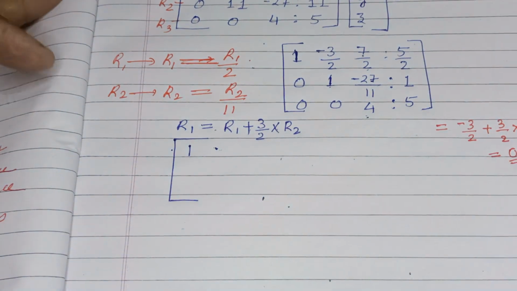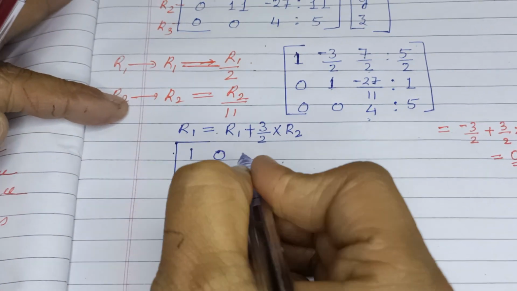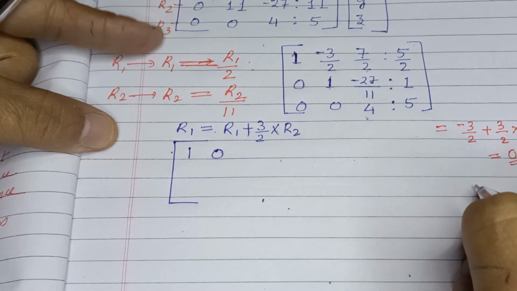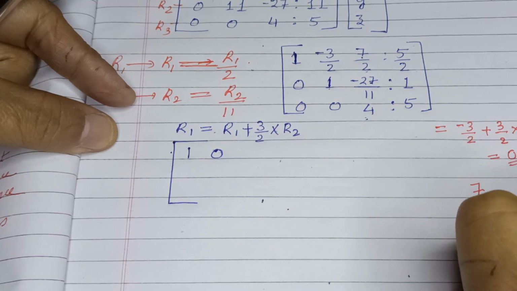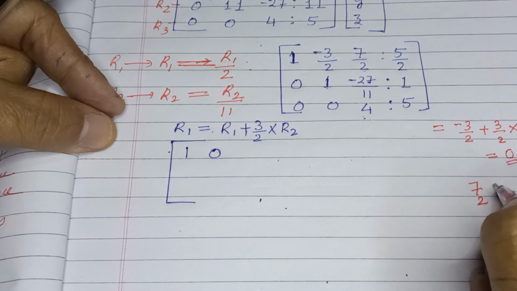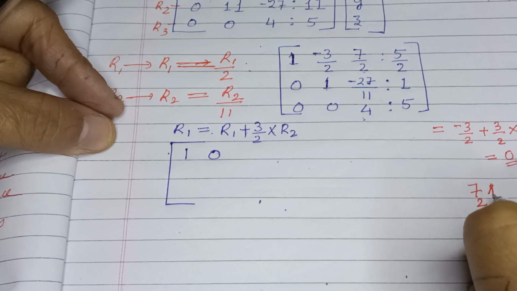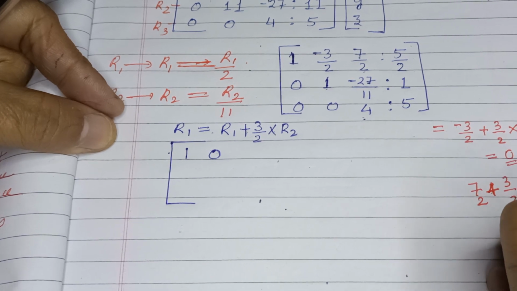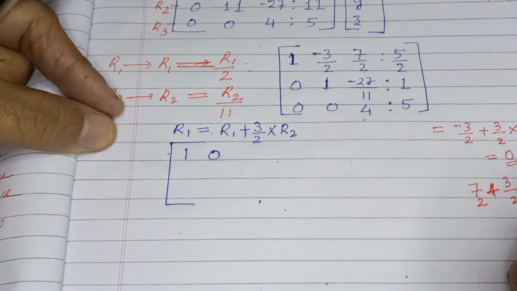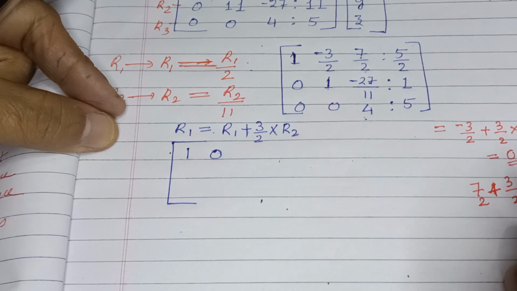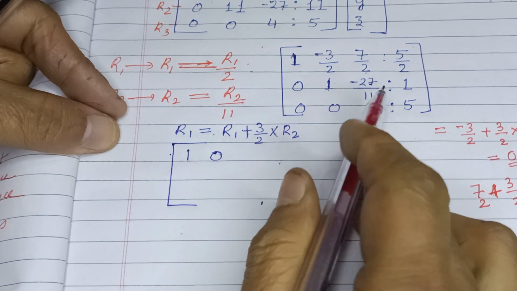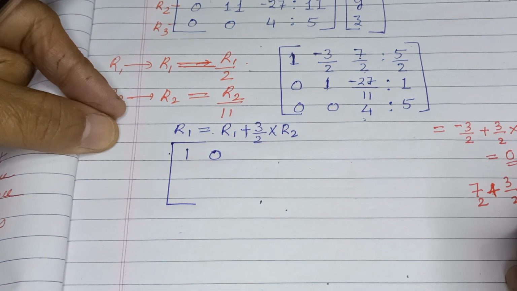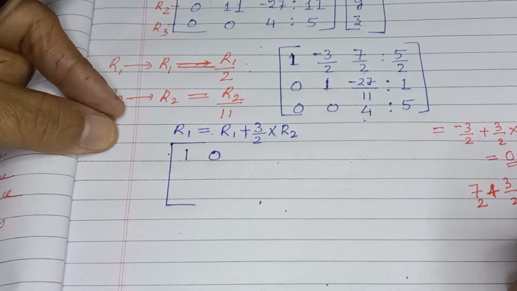The first one here we get 0, and then the second one we have 7 by 2, into plus, again the same thing, plus 3 by 2 into, so we are getting 11, so obviously we have to multiply this value, into 27 by 11.